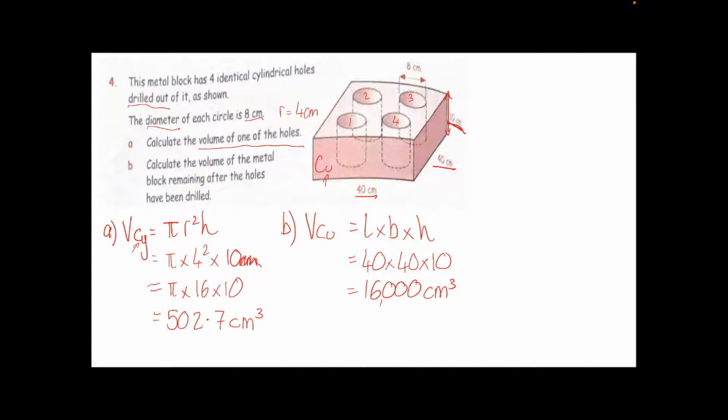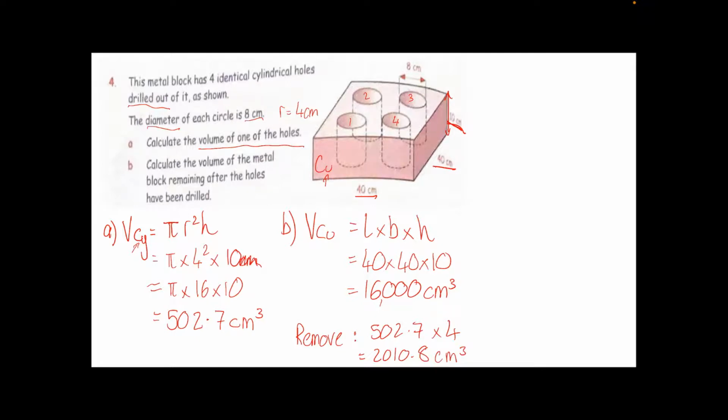We know that we have got 4 cylinders, so what I need to do is find the total volume that we are removing. So we need to remove our 502.7 multiplied by 4. So that leaves us with 2010.8 centimetres cubed.